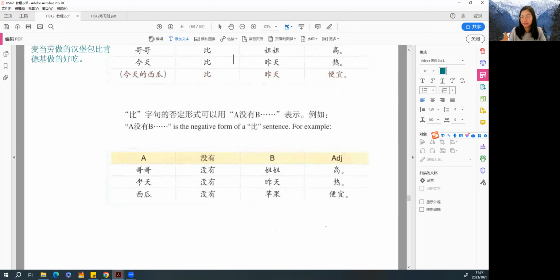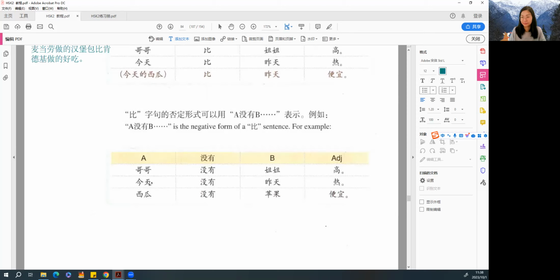For example, in example 2, we can also say 昨天比今天热. That's more common to say it this way. So we know that if we want to say the negative form, simply change 比 into 没有.